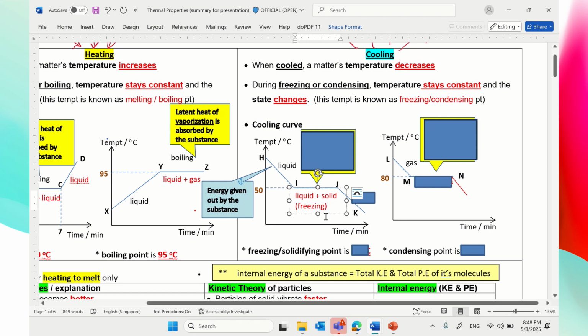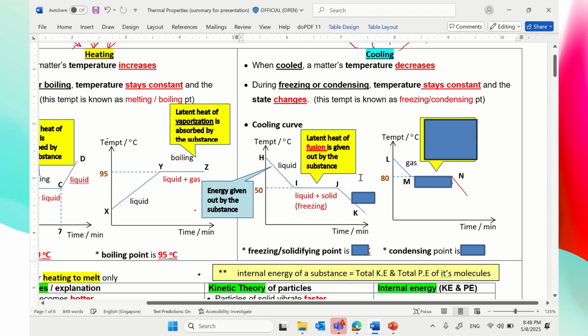Since we are talking about liquid changing to solid, it is freezing. And during freezing, the energy given out this time is not the normal kind of energy. It is called latent heat of fusion. When the change is between liquid and solid, the term used is fusion.